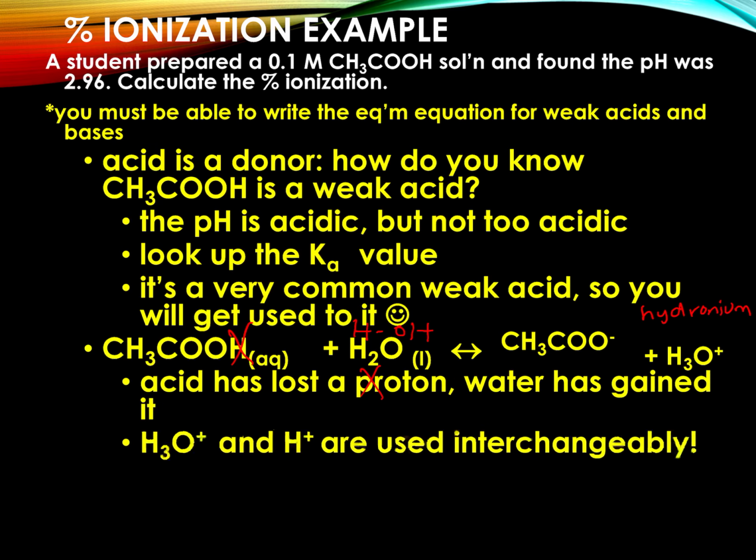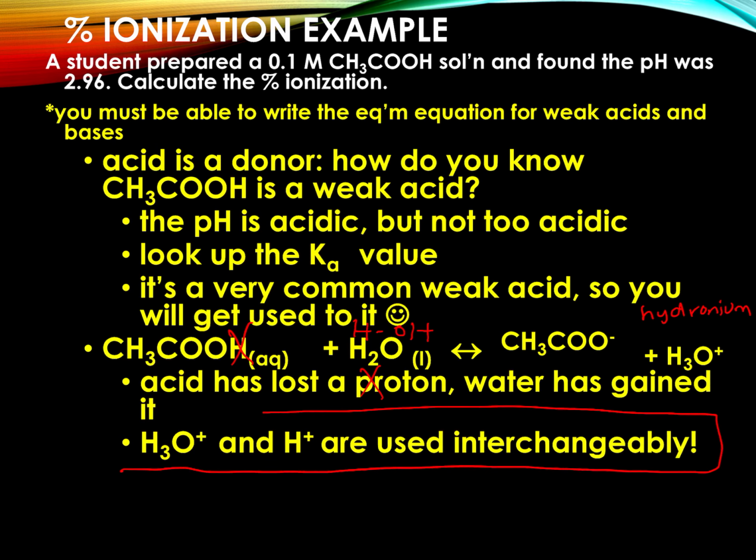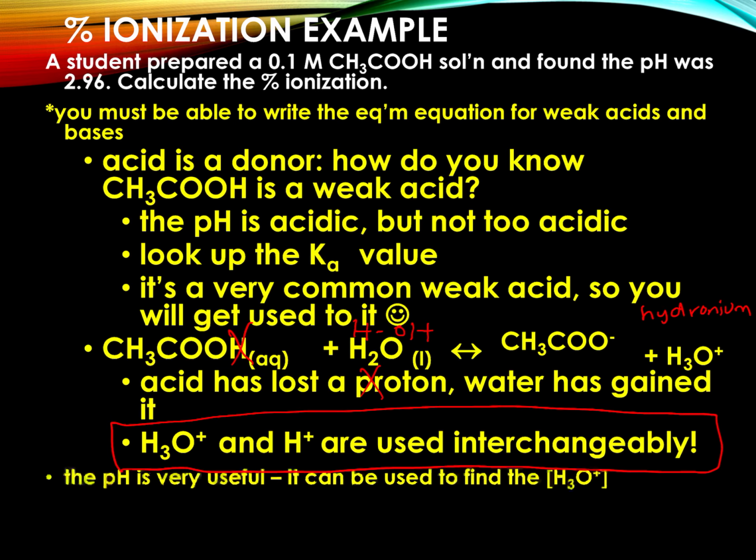So as the acid has lost a proton, water is going to gain it. The thing that is important, H3O+ and H+ are used interchangeably. So when you do pH, it's like pH equals negative log of the H3O+ concentration. They are used interchangeably. It just depends if you are a lazy chemist or not.